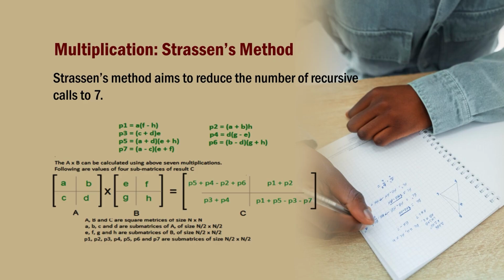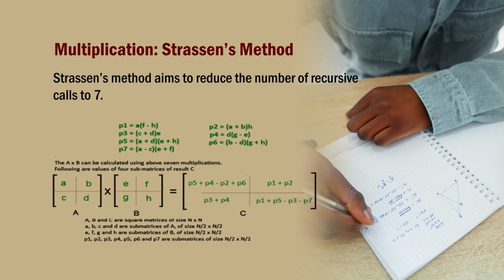How? First it calculates P1 equal to A into F minus H. Again P2, A plus B into H. P3, C plus D into E. P4, and so on, how P1 to P7 are calculated.